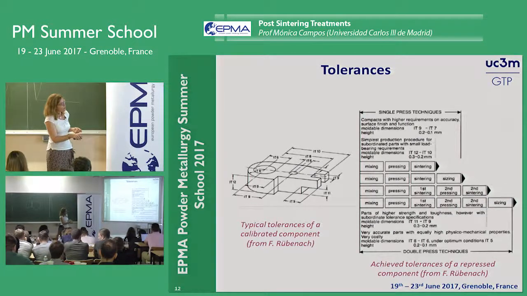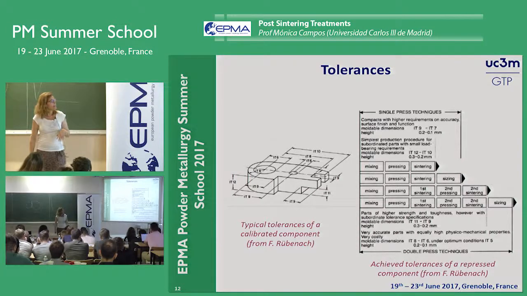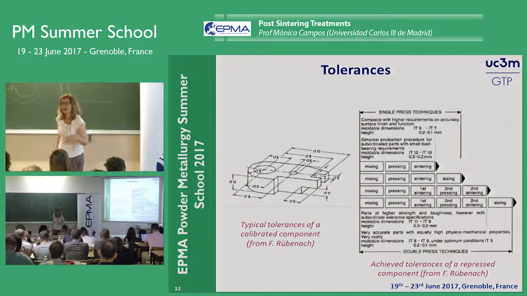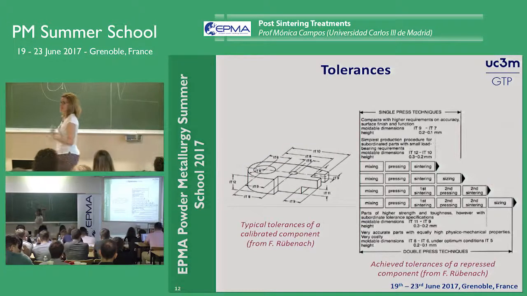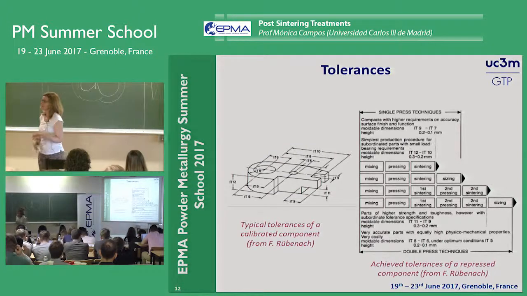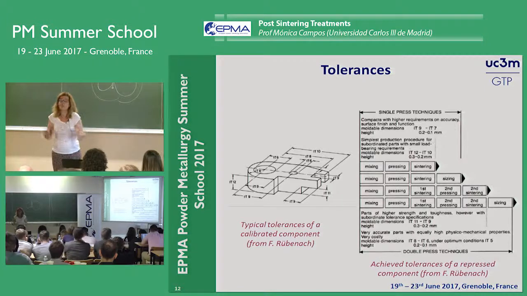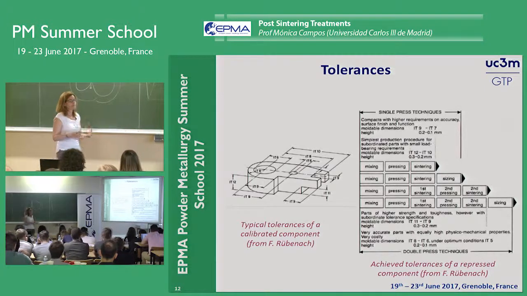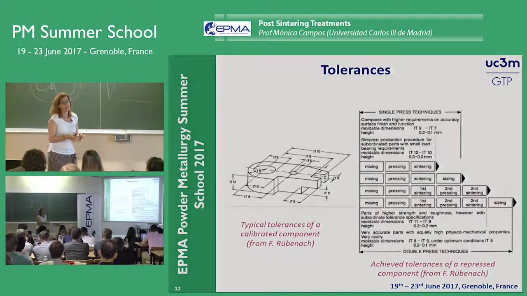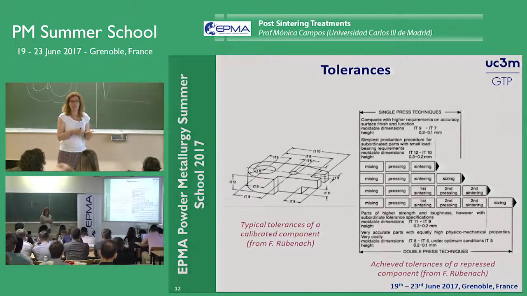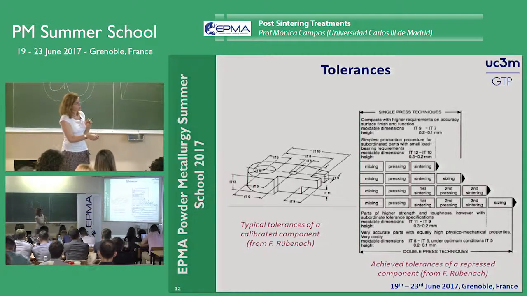In that case, we can move to a close level of tolerance. Of course, this component has the best performance, the best tensile strength, hardness, even ductility, because we reduce the porosity, but it also has the highest cost, because we put this component two times into the furnace and two times into a die. Well, three times, sorry: pressing, second pressing, and sizing.